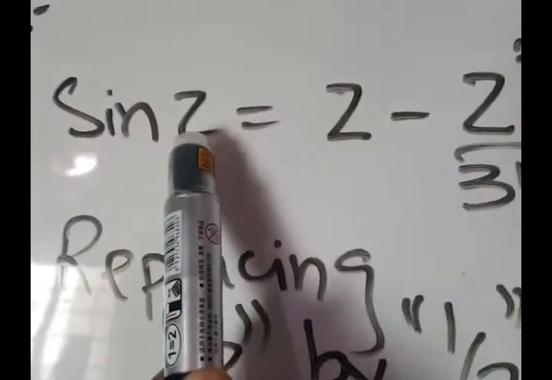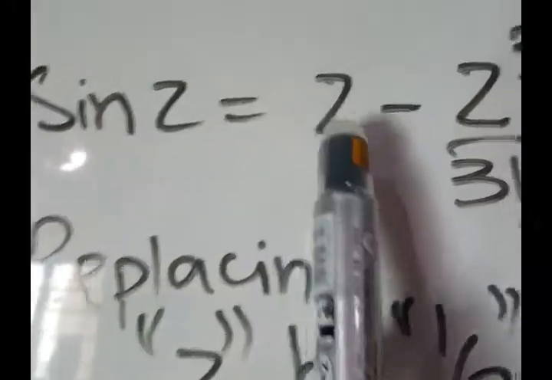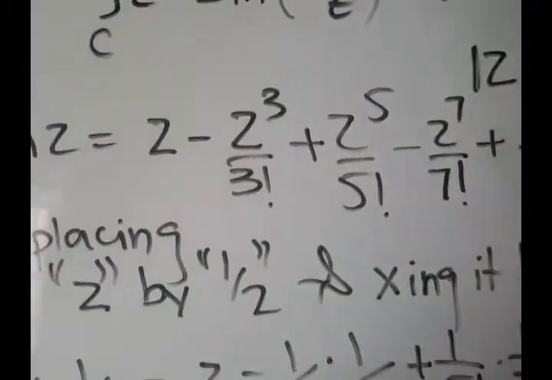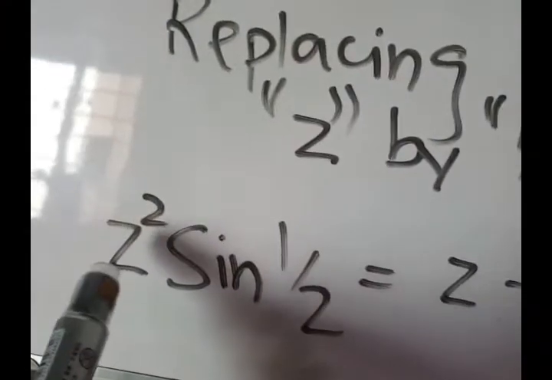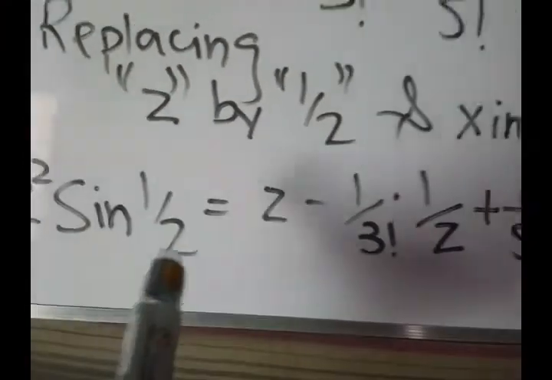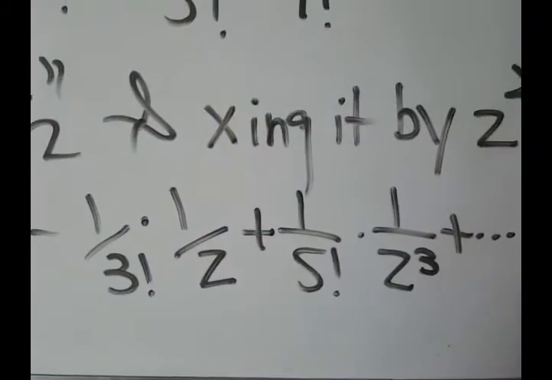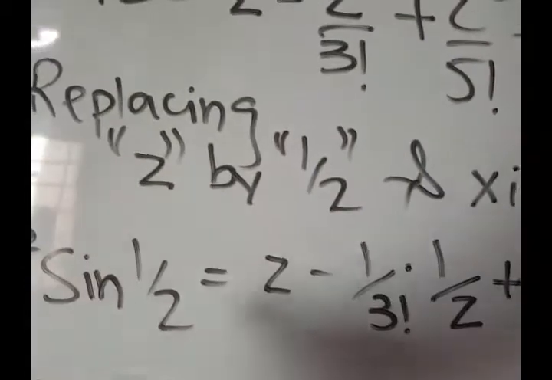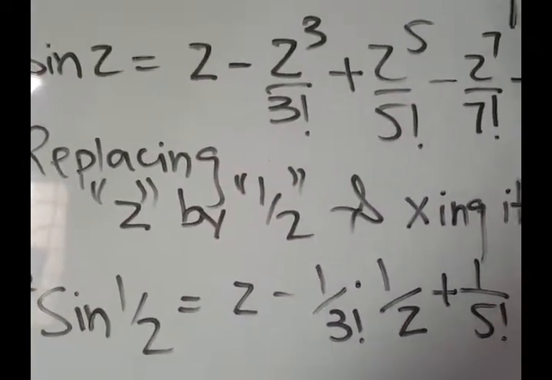First is to replace z by 1 by z in the series expansion of sine z, and after replacing we will get sine 1 by z, and multiplying it by z square, I am getting the result z minus 1 by 3 factorial into 1 by z plus 1 by 5 factorial into 1 by z cube plus so on. So you can work it out on your own by doing these two steps directly.